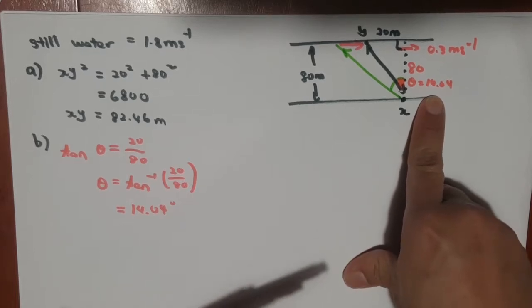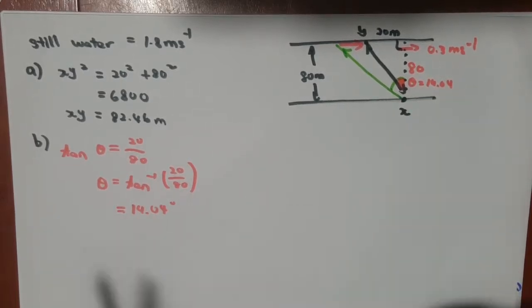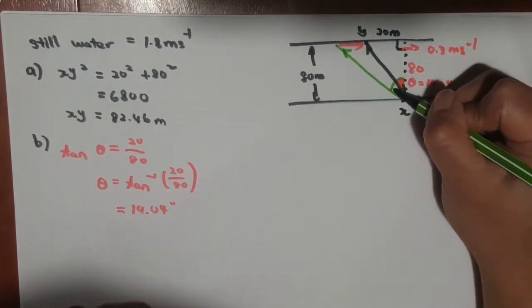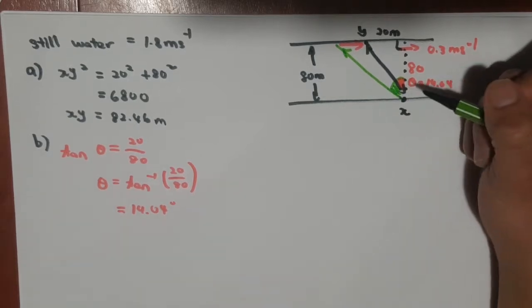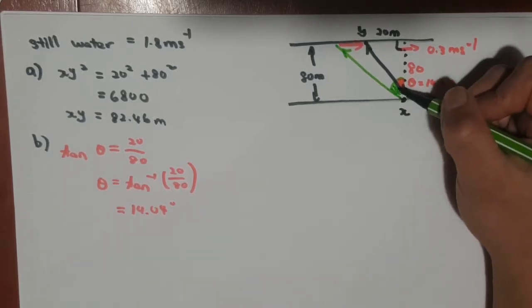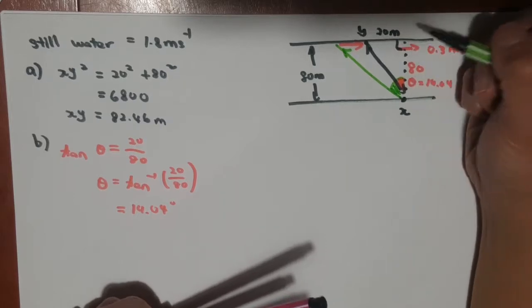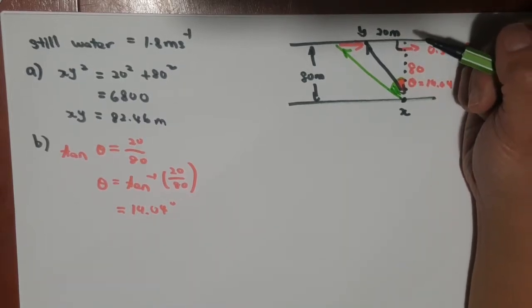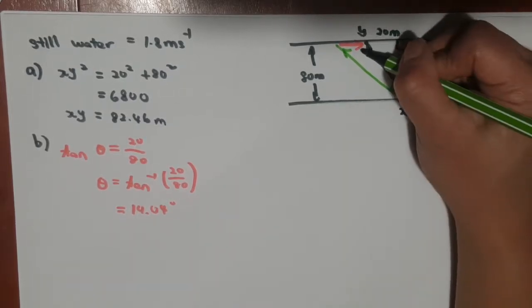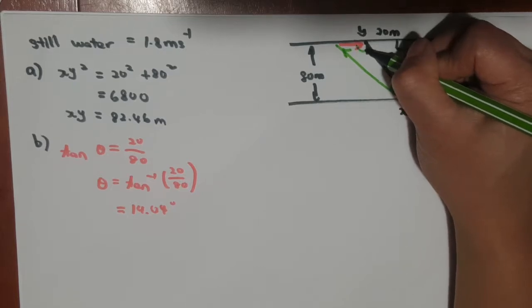If this angle is 14.04, how can we find this angle right here? In order to find it, we have to use the sine rule. To use the sine rule, we need to get this angle here.